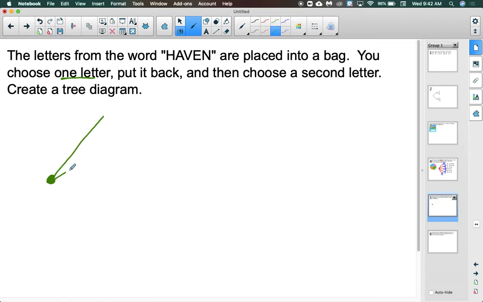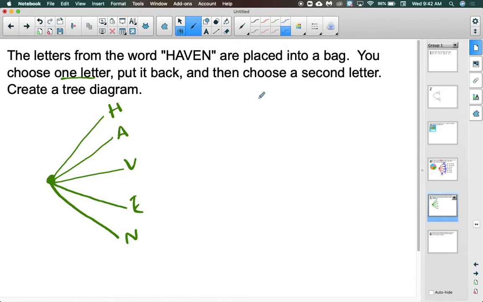My first step is picking a letter, and when I pick a letter, I have 5 outcomes: H, A, V, E, N. And then in my second step, I put the letter back so all the letters are still in the bag, and I pick a letter again.